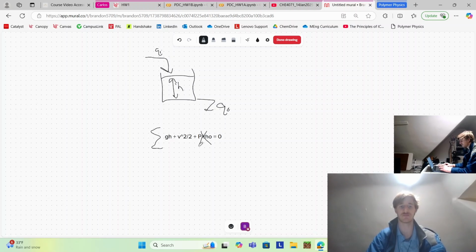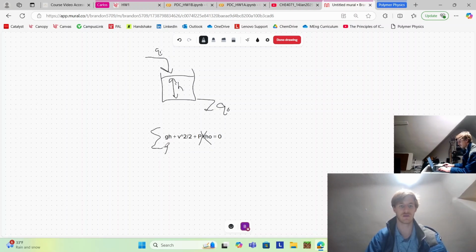Now we have GH plus V squared over 2. We'll make gravity negative. So negative 9.81 is our gravity term, although you could also use 9.81 and a negative height. Either way will work.